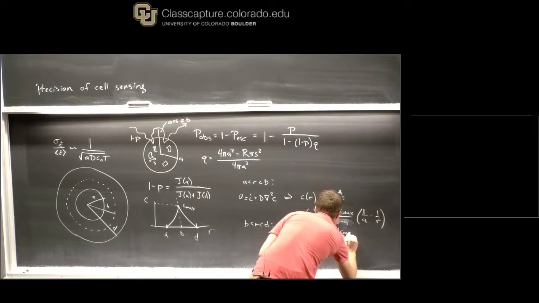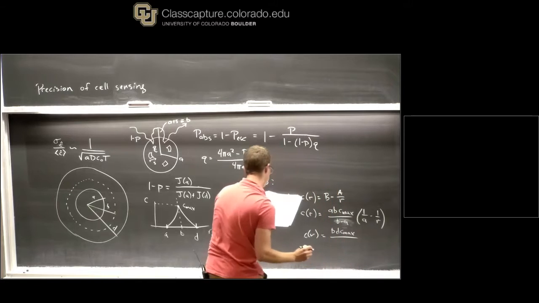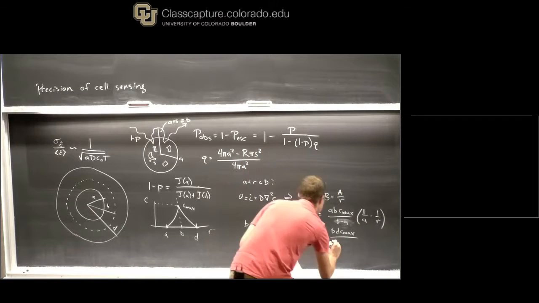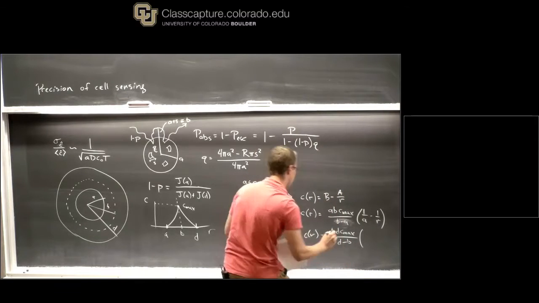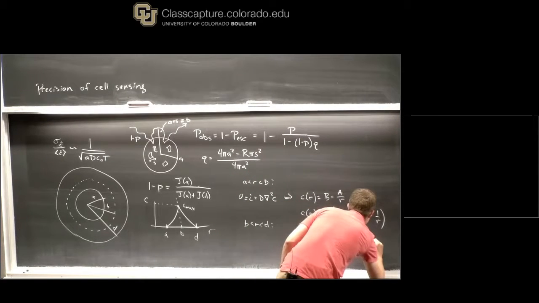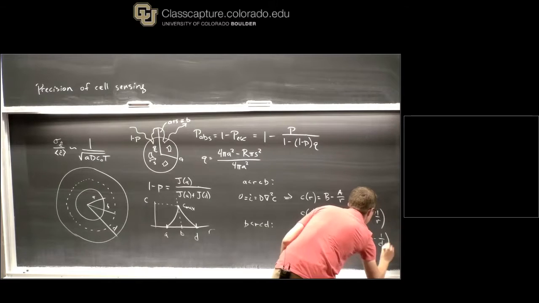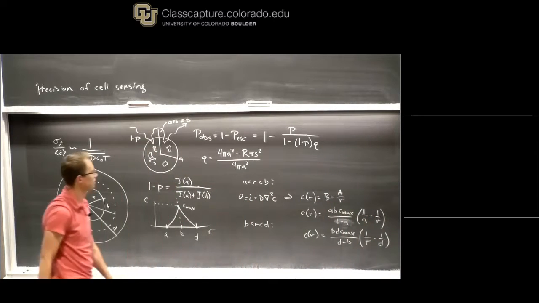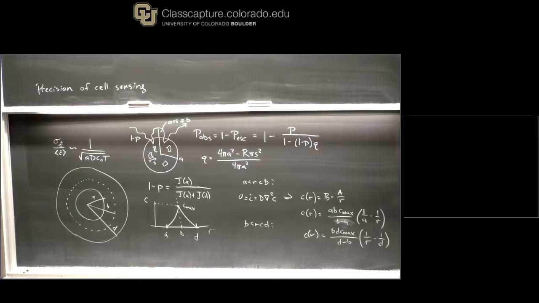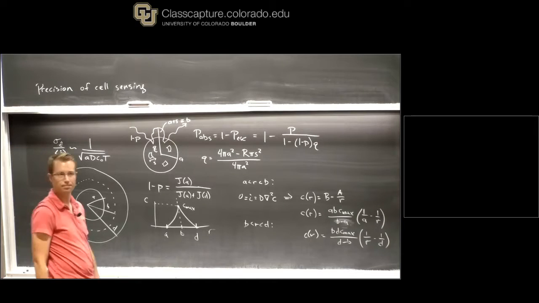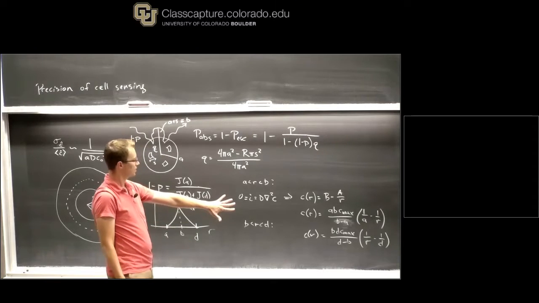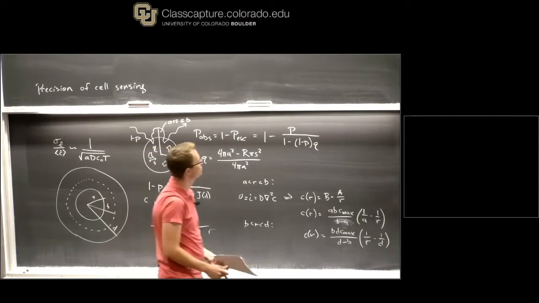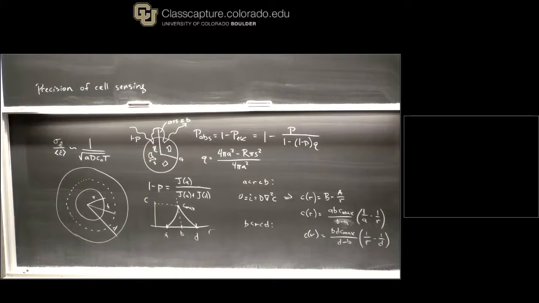B D C max over D minus B, and now this is 1 over R minus 1 over D. Okay, so now, this is not exactly what we want. What we want is the derivative, because the derivative gives the flux.